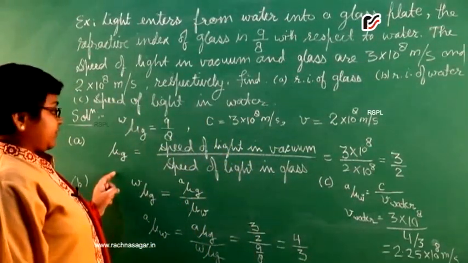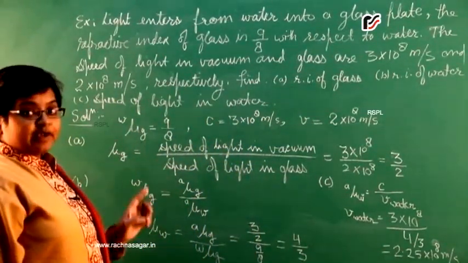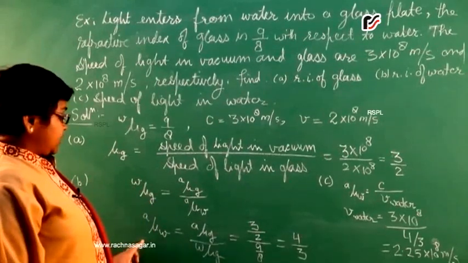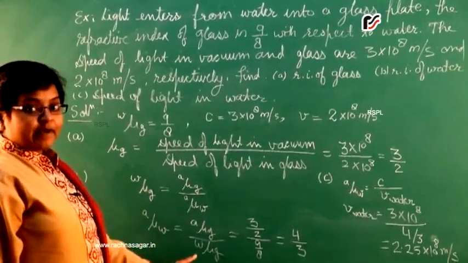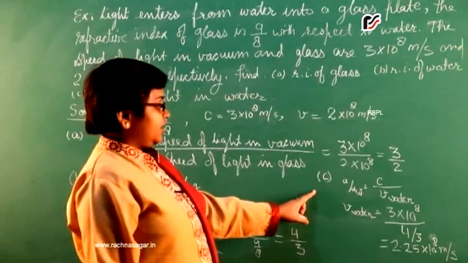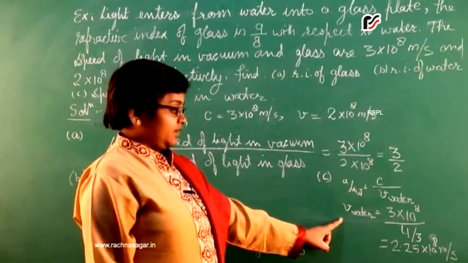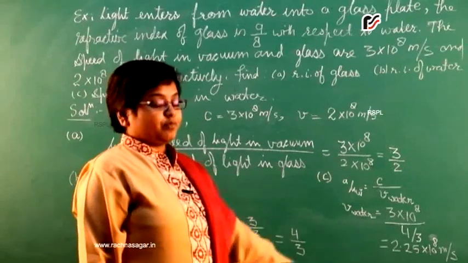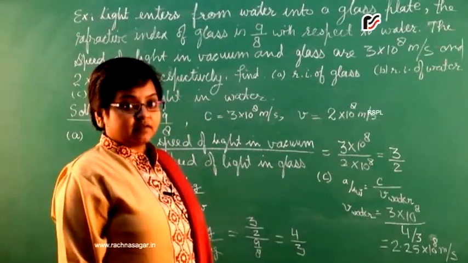So the refractive index of glass is 3 by 2, the refractive index of water 4 by 3, and in part C the speed of light in water is 2.25 into 10 to the power 8 meter per second.